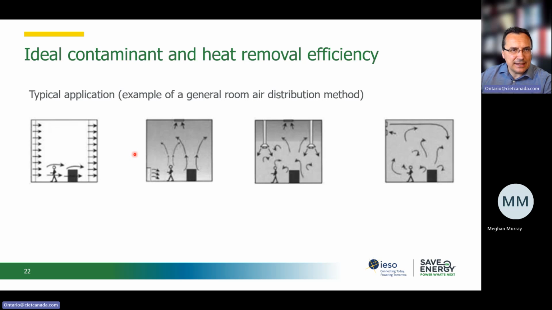We see here we rely on the density of the air to move through the room and being exhausted, or the last one here, the mixing that happens in the entire space, so we dilute the entire space concentration of the contaminant.